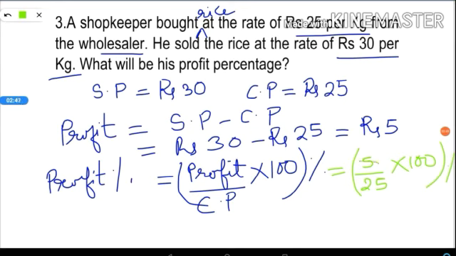Now simplify this. 5 in 5 one time and in 25 5 times. And again simplify, 5 in 5 one time and in 100 20 times. So profit percent is equal to 20%.